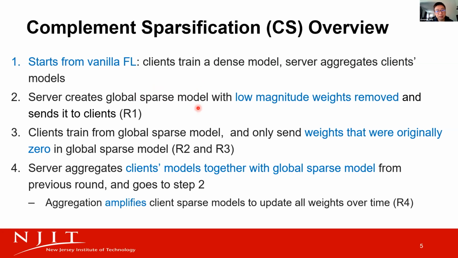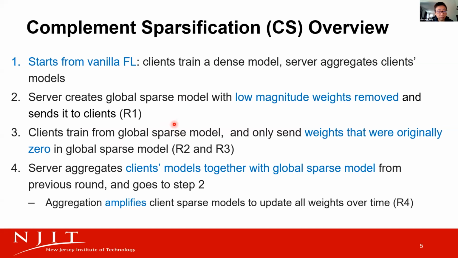This process can simply remove the low magnitude weights and send the sparse models to the clients. In this way, the model transferred from the server to the clients is reduced and the communication overhead is reduced. And then we want the clients to train from the global sparse model received from the server.